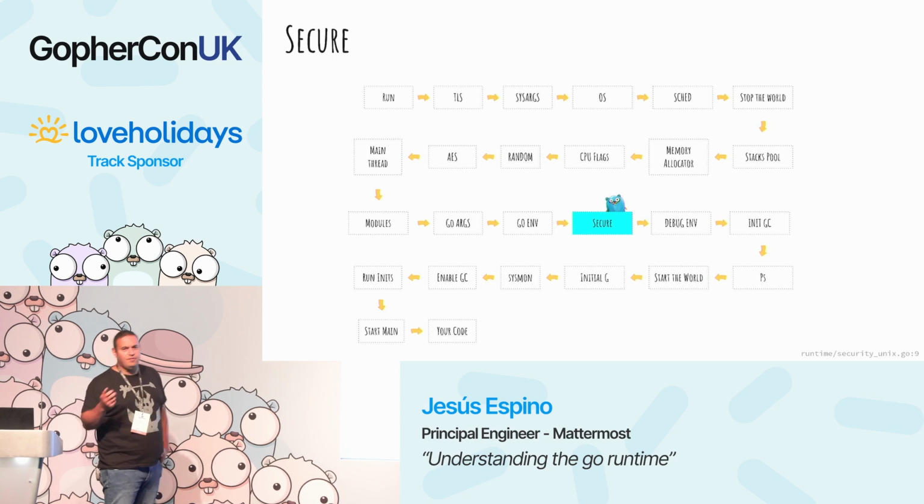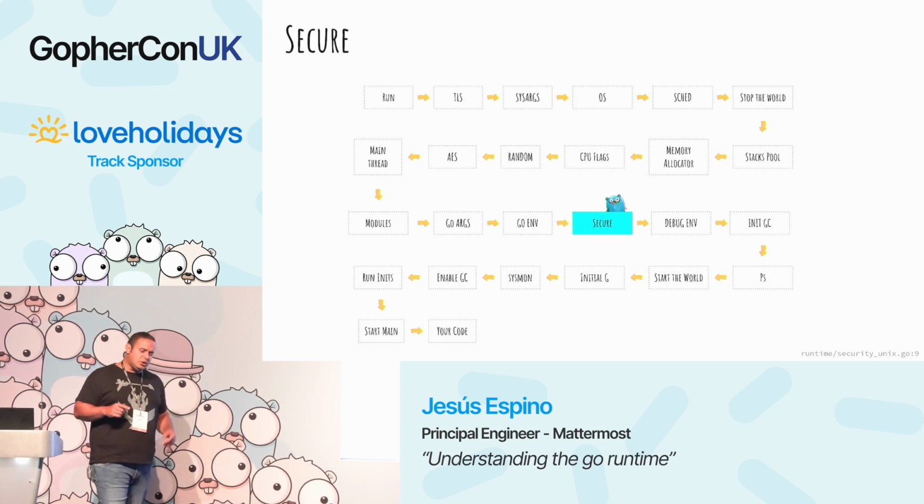For example, if you have a setuid, that is going to be flagged by the operating system, like, hey, be careful with this because it can mean privilege escalation, things like that. So if the secure flag is set, the Go runtime is going to set the GOTRACEBACK to none. Doesn't matter what you put there, it's going to be set to none.